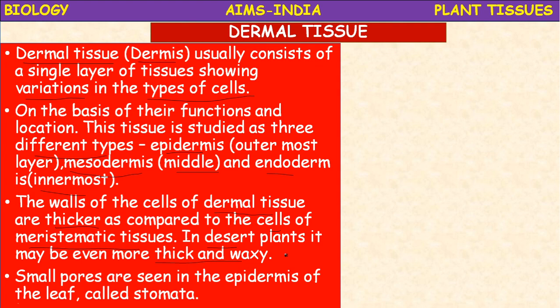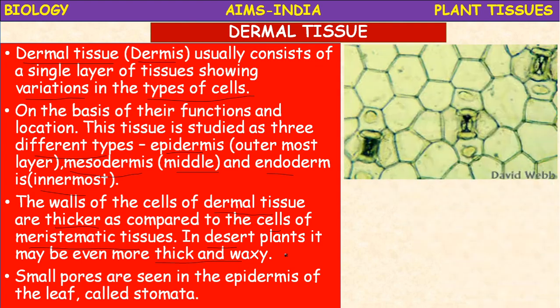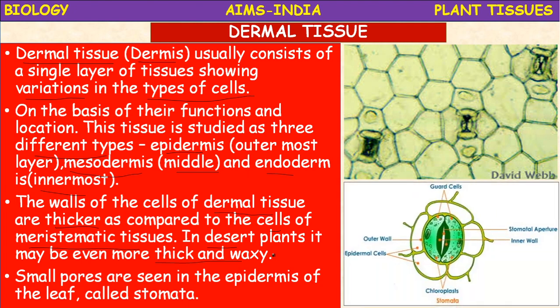Okay, so to prepare a tissue, what you have to do is very simple. With the help of your subject teacher, take a betel leaf. Betel leaves are also available, or Rheo leaf is available.